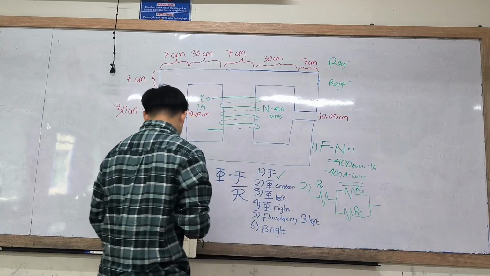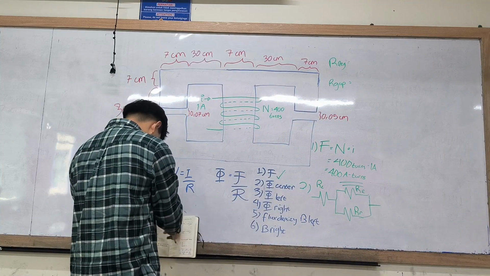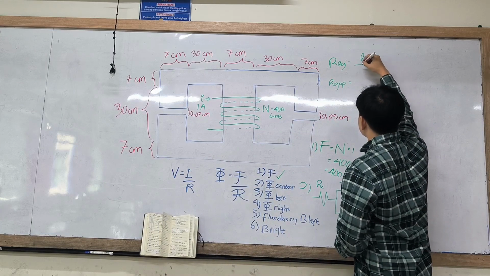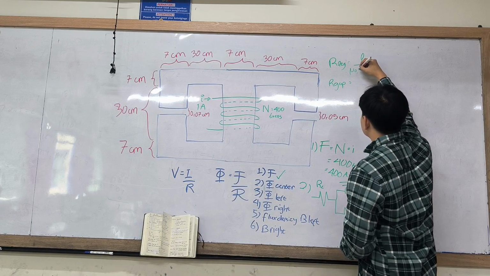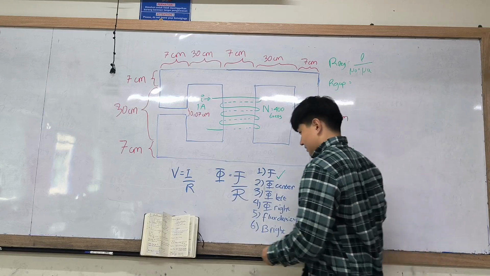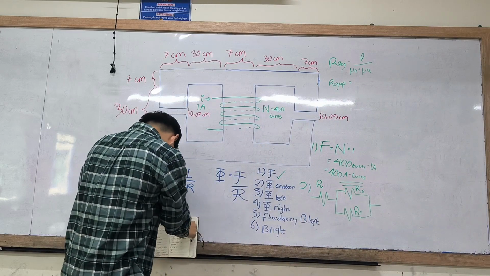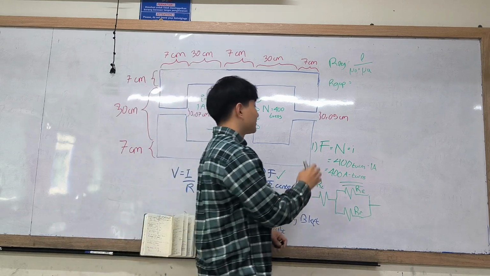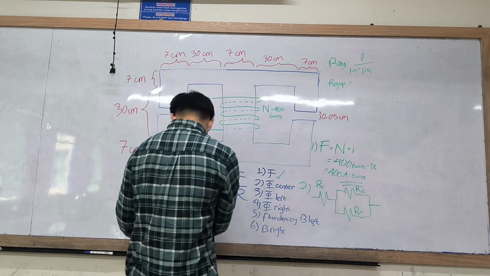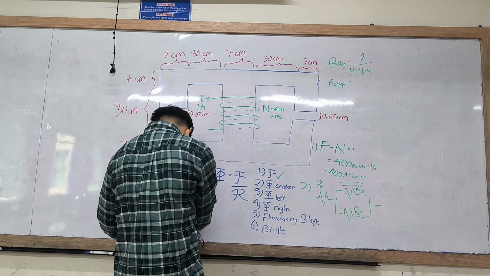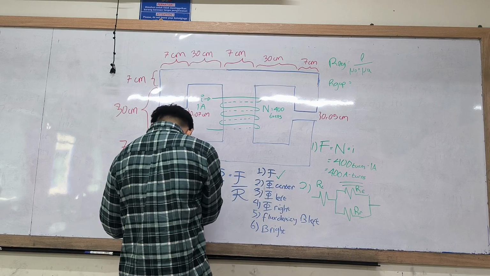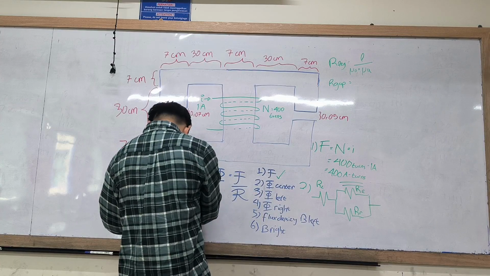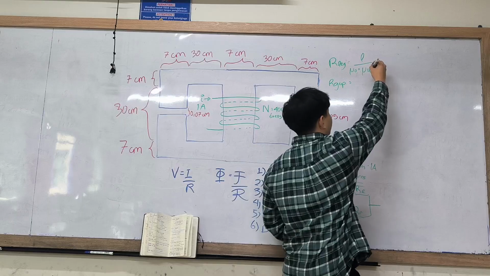The formula for reluctance for leg is length divided by permeability of free space, multiplied by relative permeability, and multiplied again by area.